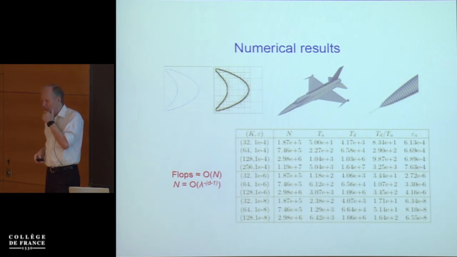In principle, when you aggregate, it will do that. Here we're just looking at the Green's function as it is, and doing the compression on that level.